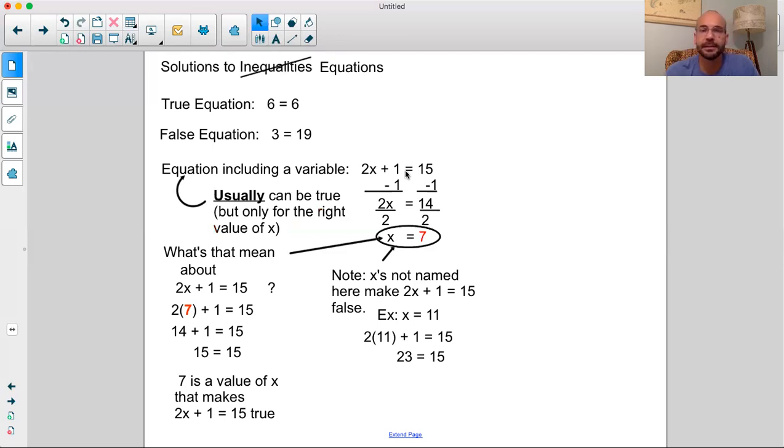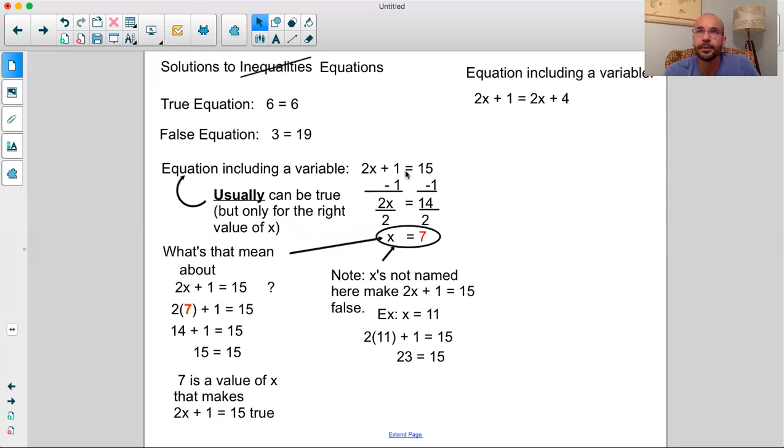Now, we have seen that sometimes equations with variables can never be true, or maybe they're true all the time. So let's take a close look at that. Here's an equation including a variable, and we have solved ones like this before, and we've for the most part come to the conclusion that we would say, well, that means there's no solutions. But I think I owe it to you, to help you with inequalities, to take a closer look at that.